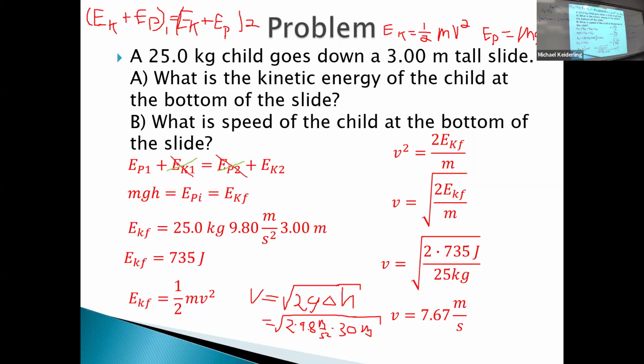The other way you can do velocity is the square root of 2g delta h, which gives you the same.